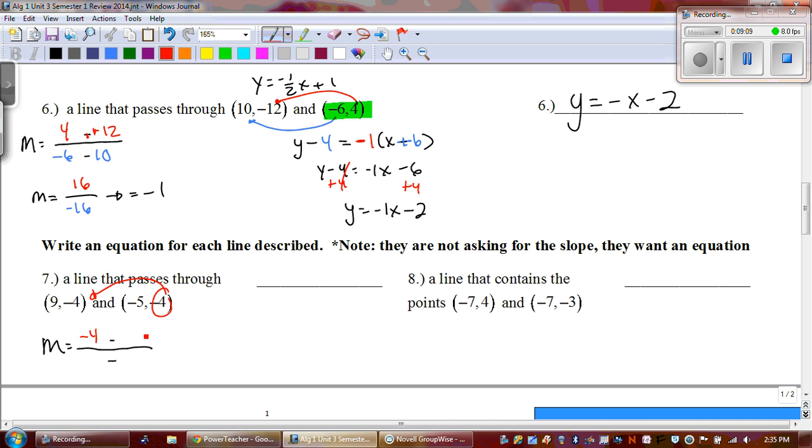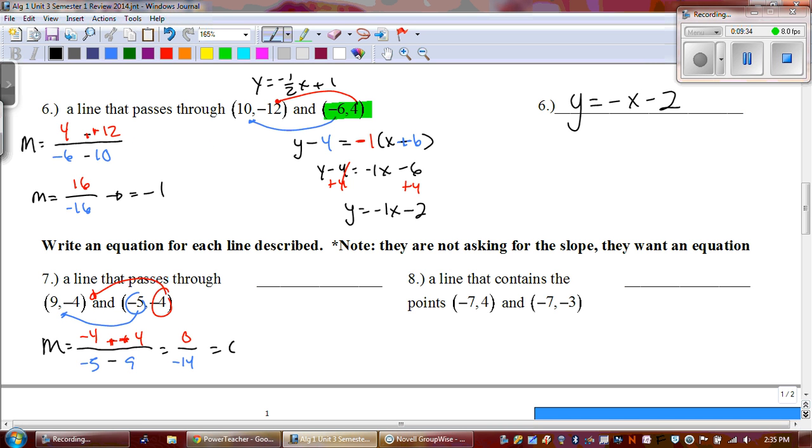So we got (-4, -4) and (-5, 9). Now on the top, you can do click click. Negative 4 plus 4 is 0. Negative 5 minus 9 is negative 14.